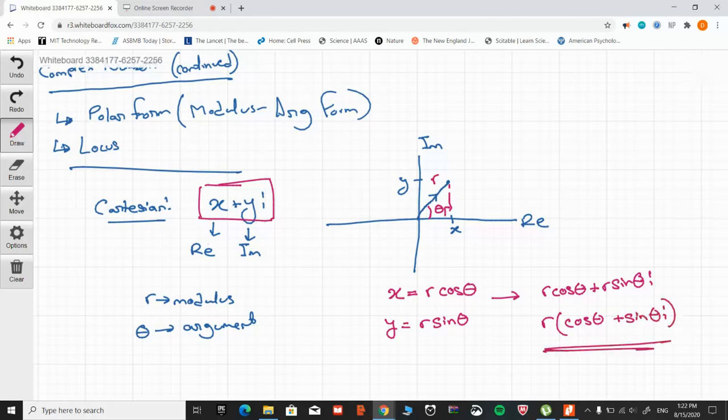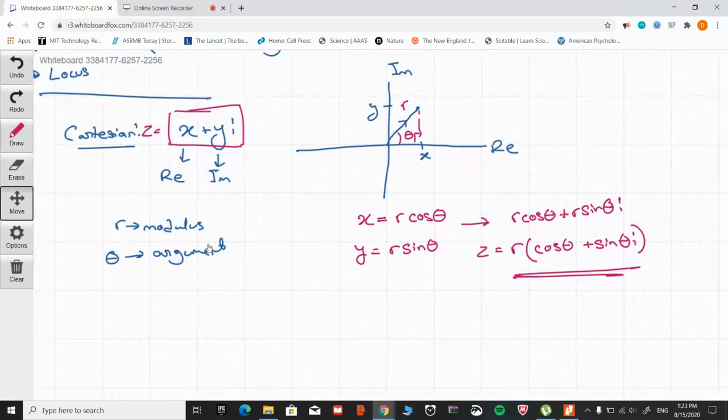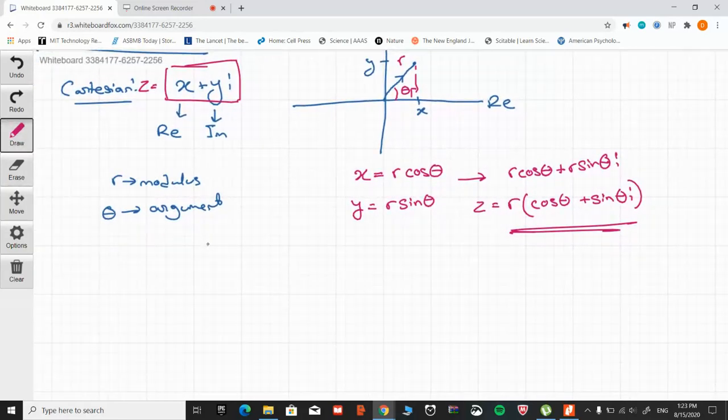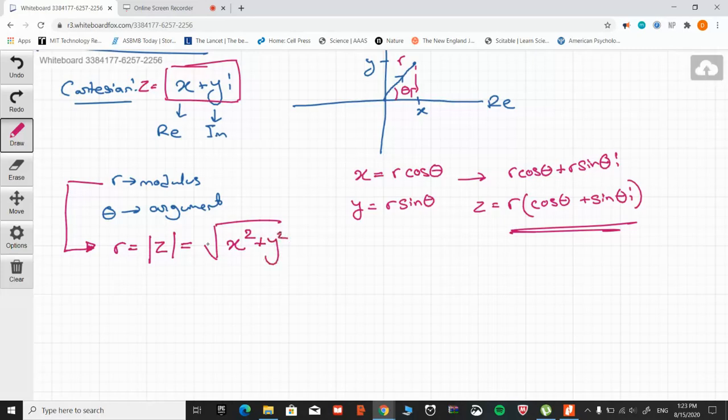Now, this right here is what we call the polar form, or the modulus and argument form of the complex number. Now, if we said this was z, we would also say this particular number is z as well. Now, in case you do not remember what the modulus actually is, the modulus r of a complex number z, which can also be given by this symbol, is equal to root over the real part square plus the imaginary part square.